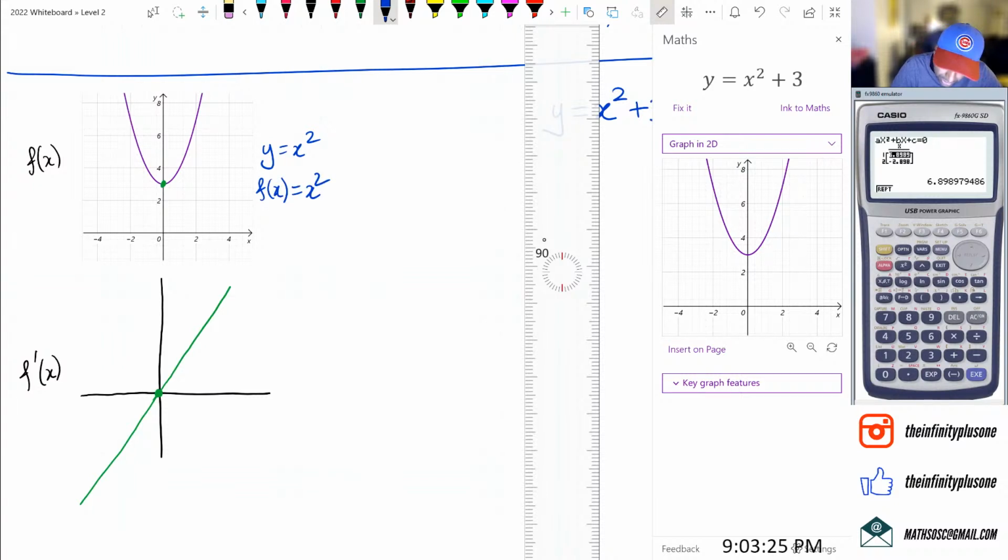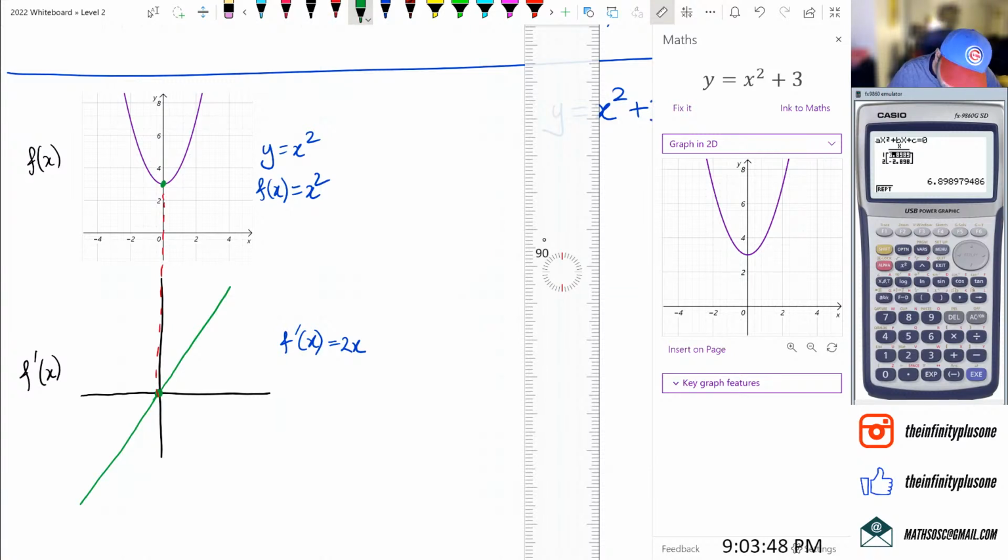When you differentiate f of x, you get f dash of x, which equals 2x. That's why when you differentiate a parabola, you get a straight line, as long as your straight line goes through the 0 and matches up. Notice how this turning point is matching up to here, this would be correct.